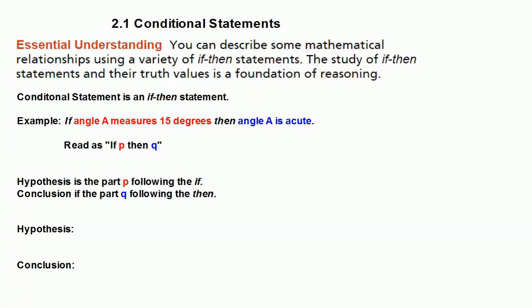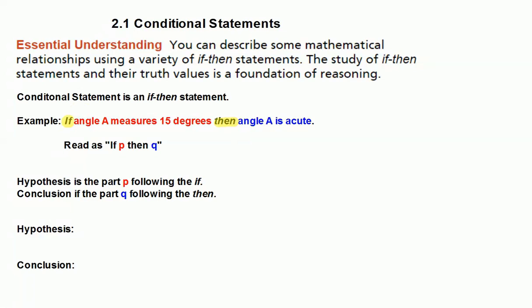So let's look at this example right here under conditional statement. If angle A measures 15 degrees, then angle A is acute. Okay? So this is called a conditional statement. It's got an if, and then it says something here, and then it's followed by a then, and then it says angle A is acute in blue.